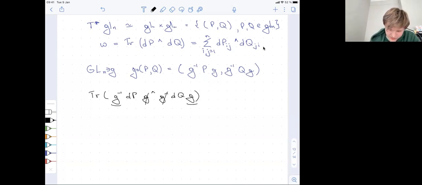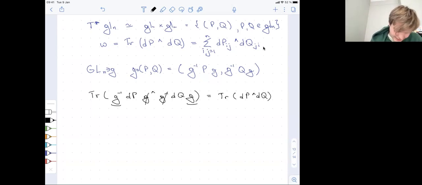And the external ones cancel each other because of the fact that the trace is invariant under the cyclic permutation, right? So you definitely have a symplectic action here.